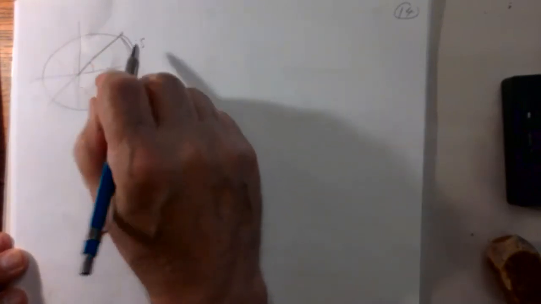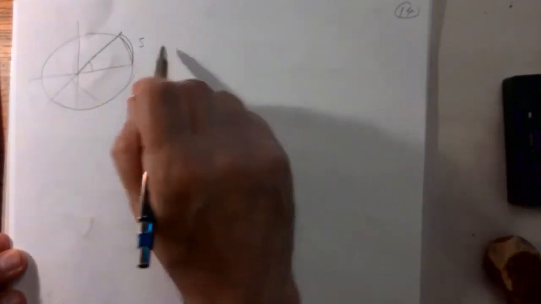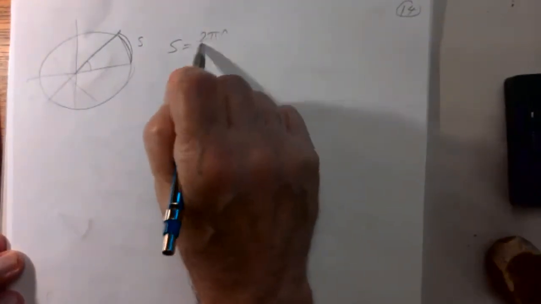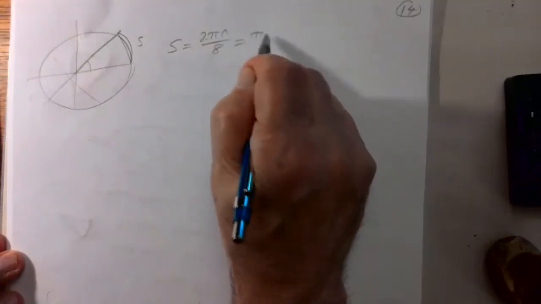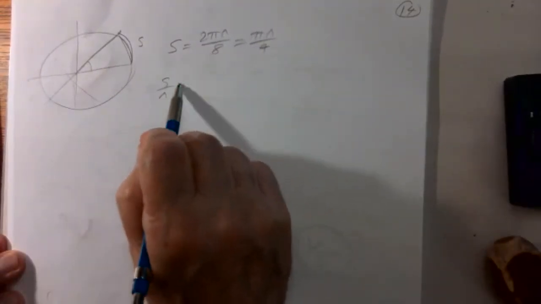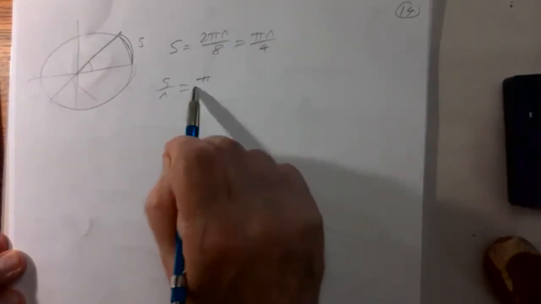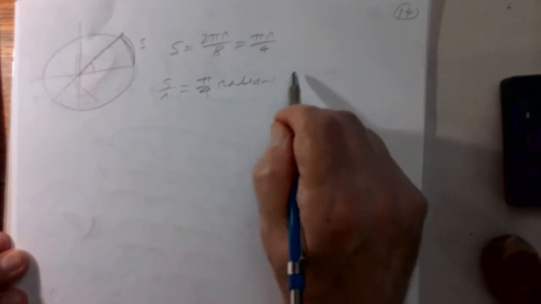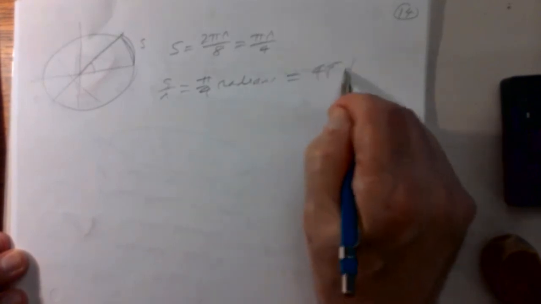This arc that it cuts out is 1/8 of the circumference. So S is 2 pi r over 8, or pi r over 4. So S over r is pi over 4 radians. So pi over 4 radians is what you used to call 45 degrees.